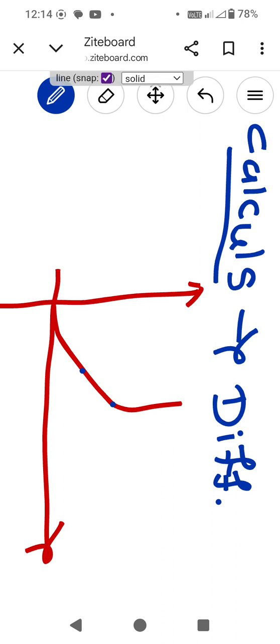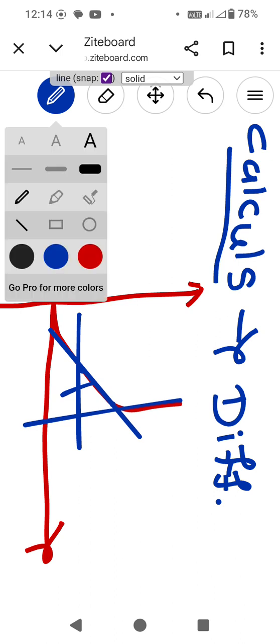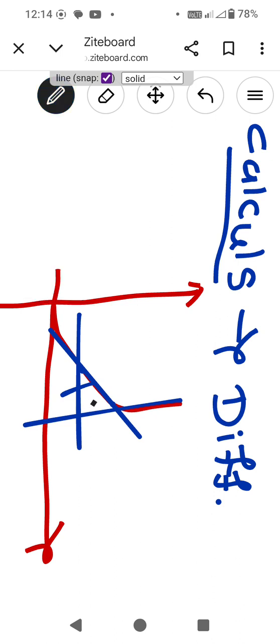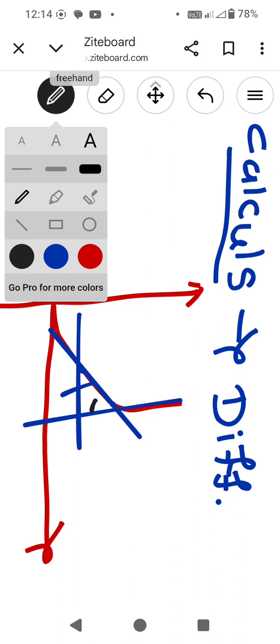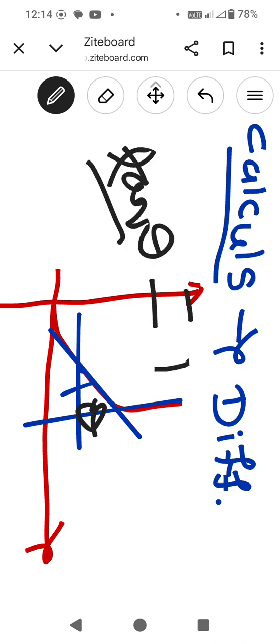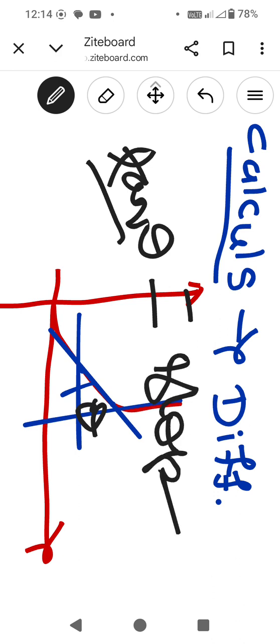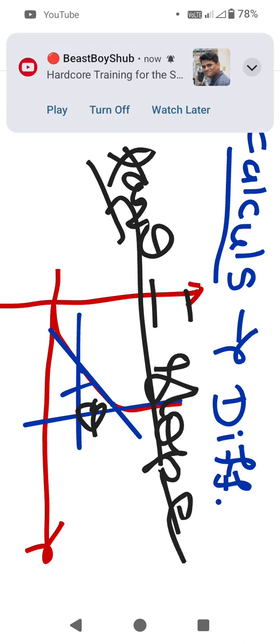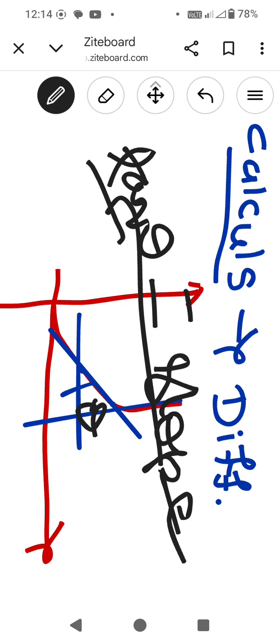Now here one tangent is drawn to the curve, and by applying this and this we can determine this angle. Thus tan theta is the slope.